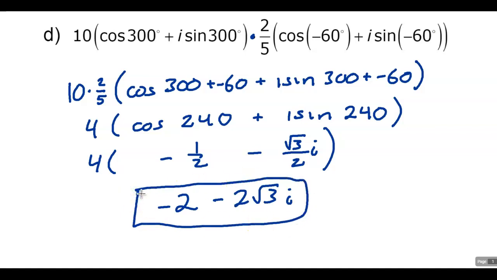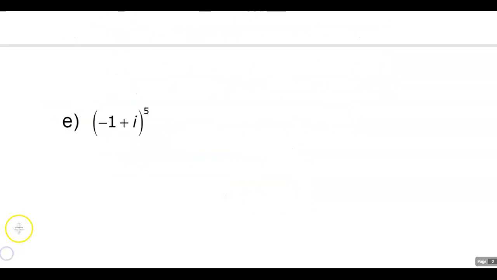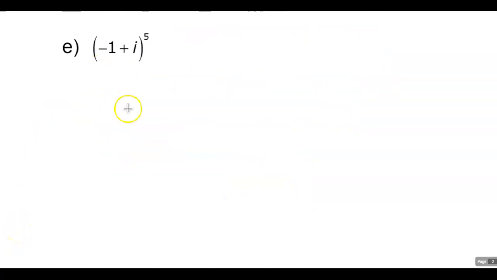Okay. Now we can head over to the back. Alright, so we're going to use the next property we learned that handles exponents. So we just finished multiplying and dividing. Next would be exponents.